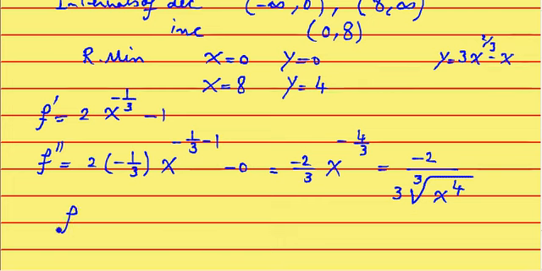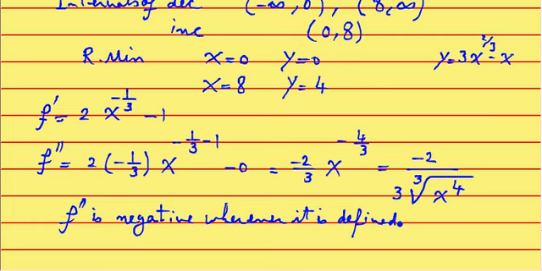So I can say f double prime is negative wherever it is defined. What does that mean? There's a tiny problem. When x is 0, this is not even defined. Outside of that, it's always negative.